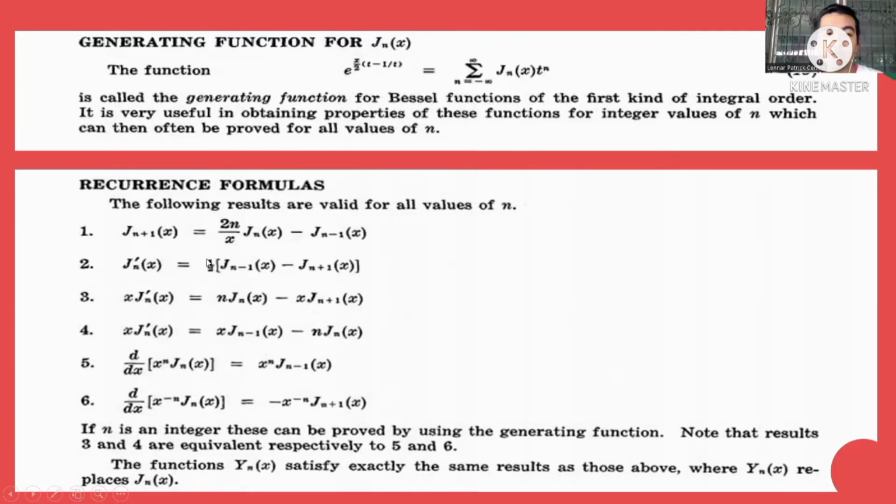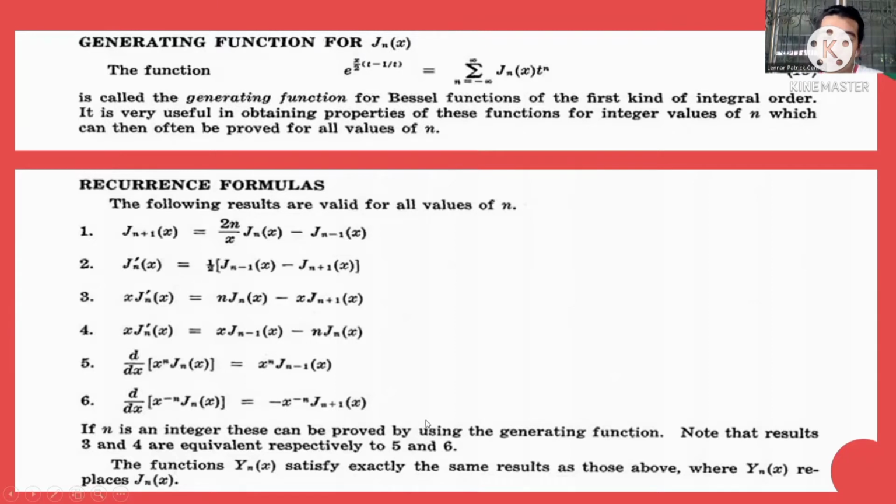And for the last, the following result that can have values depending on n: d over dx of x to the minus n j sub n of x is equal to negative x to the minus n j sub n plus 1 of x. So for these six, if n is an integer, this can be proved using a generating function.